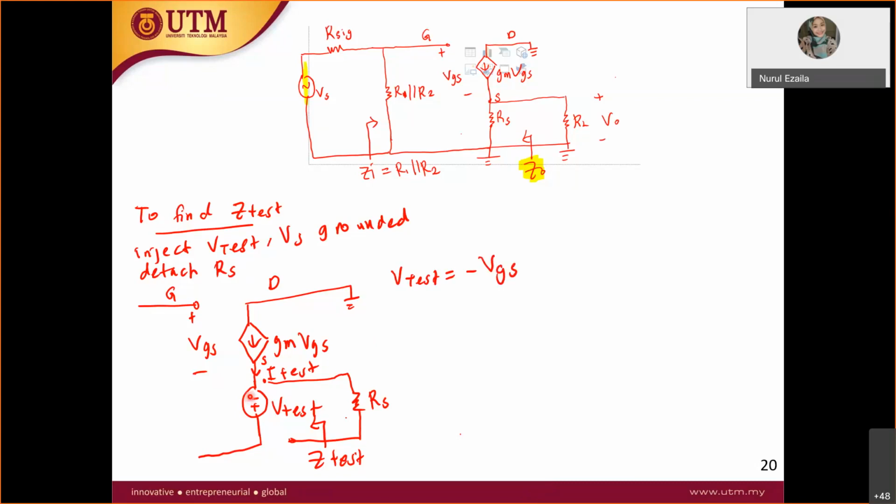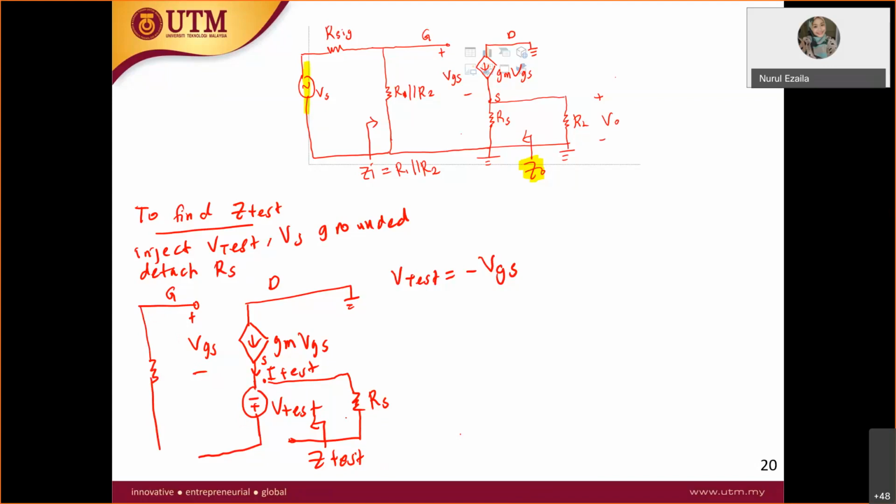At this node, if you apply KVL over here, let me draw it again. This VS is shorted, so you have R1 parallel with R2, and also parallel with R signal.